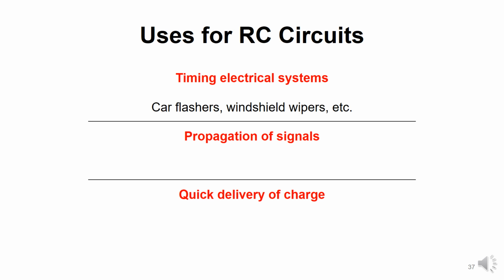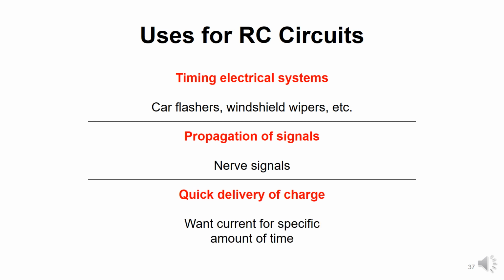All right, so you can think of car flashers, windshield wipers, and a lot of other applications. And also when you want to control the flow of signals, flow of charges, like in the nerves, you'd consider RC circuits. And not just that, when you want to deliver a large amount of charge, like in the older camera flashes, you want to use capacitors and RC circuits.